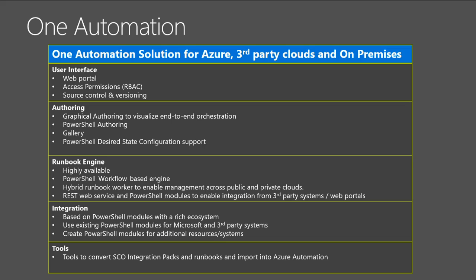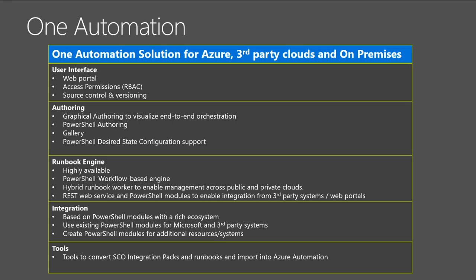We have PowerShell authoring as well. We're going to keep innovating in those spaces to make them more and more efficient for you to create runbooks. We have a gallery where you can go and get pre-made solutions to integrate with various systems, and you get examples on how to create runbooks.